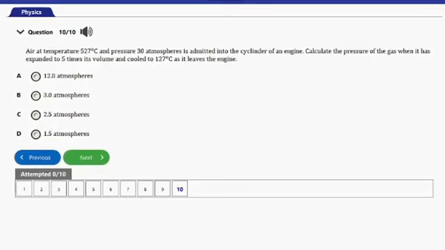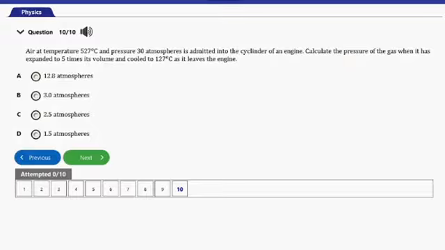So that's question number 10 here. It says, a gas at temperature 527 degrees Celsius and pressure 30 atmospheres is admitted into the cylinder of an engine. Calculate the pressure of the gas when it has expanded to 5 times its volume and cooled to 127 degrees Celsius as it leaves the engine.